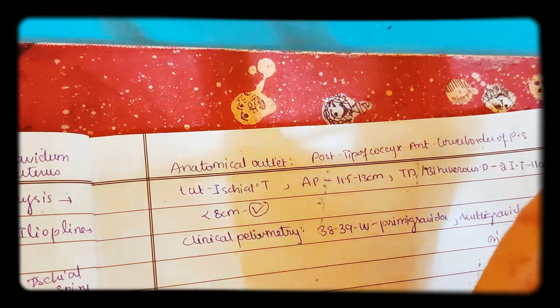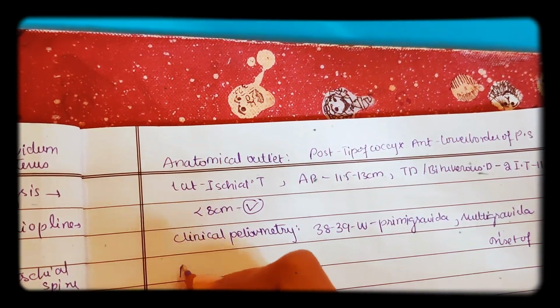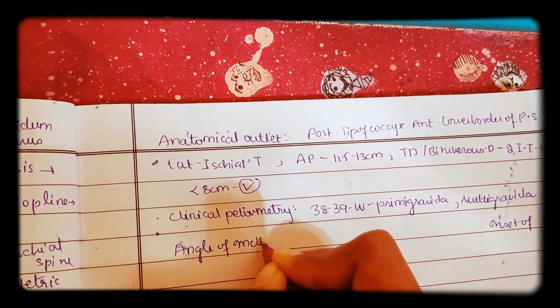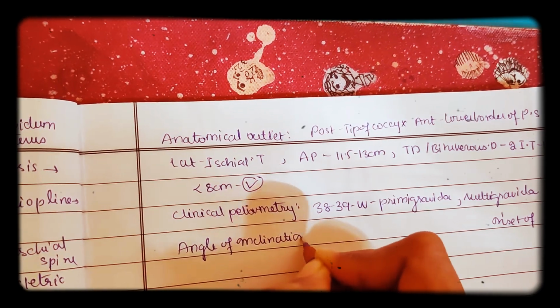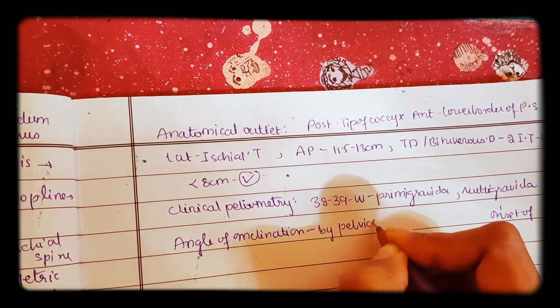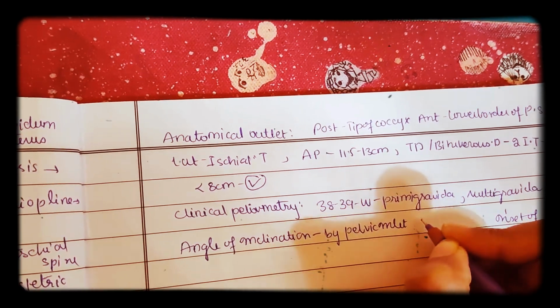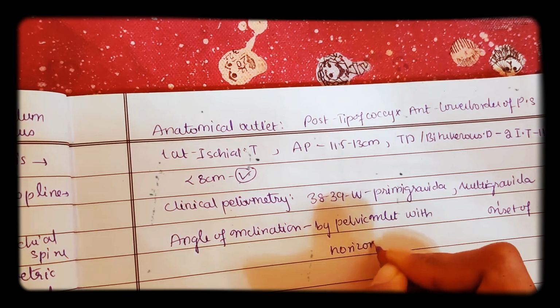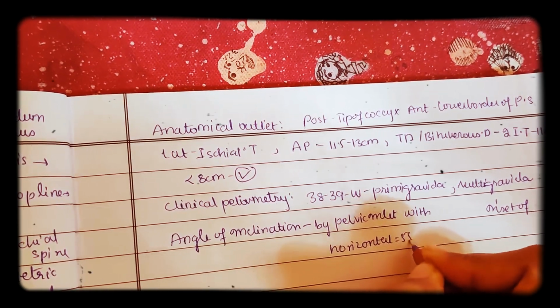Now coming to angles related to the pelvis, there is one angle called the angle of inclination. It is an angle made by the pelvic inlet with the horizontal, and it is equal to 55 degrees.